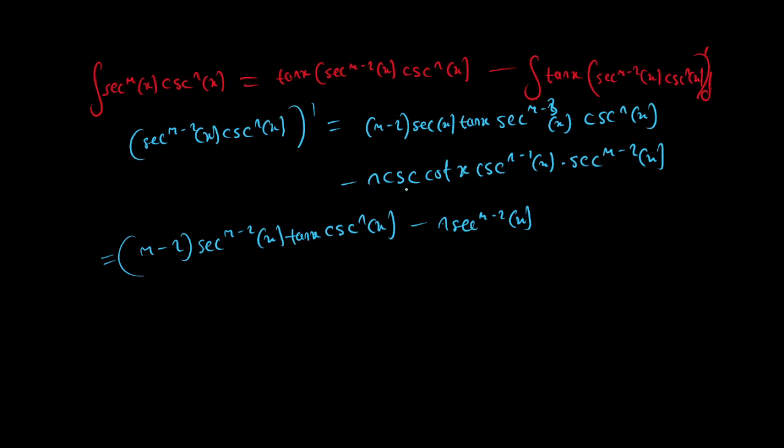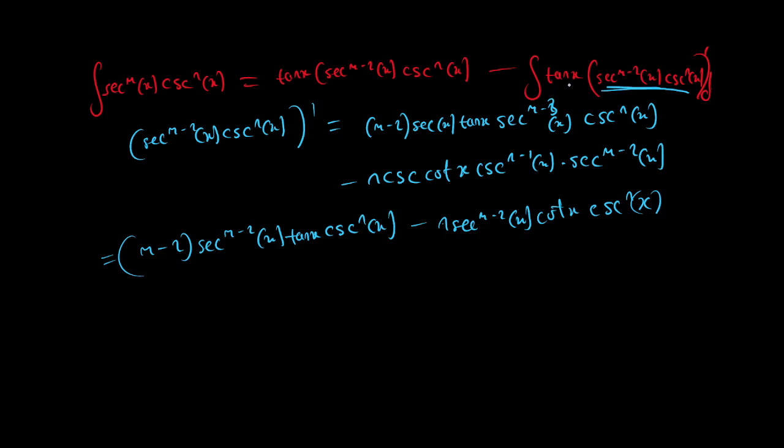Then you have cotangent of x times secant times cosecant to the n of x. So this will be the derivative of this. So this is what should go here.